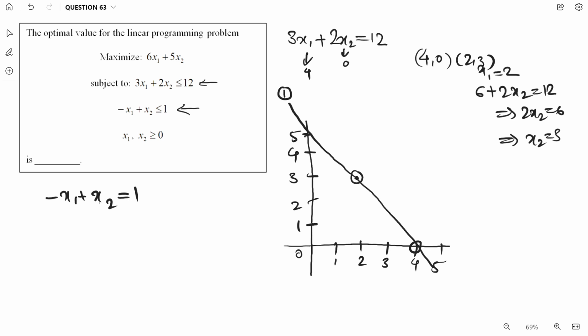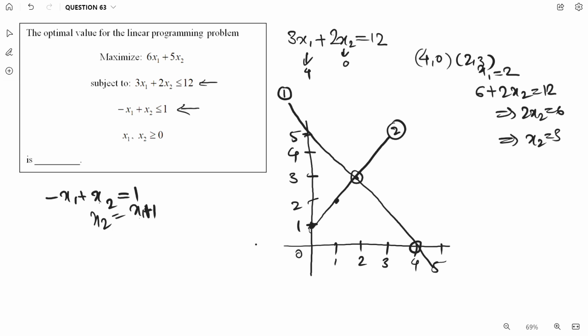So clearly the line contains (1, 0), (2, 1), (3, 2), like that, because x2 equals x1 plus 1. x2 is 1 greater than x1. So this is our line corresponding to the second constraint.